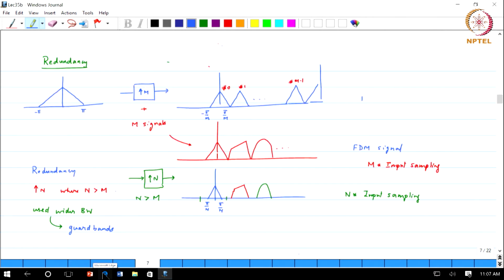Now, the notion of redundancy. We have already said that a minimal configuration would require them to be packed tightly. When you have a little bit more of a gap, you would have more spaces. Now, how do you visually or intuitively achieve that? In the minimal system, there are m signals, I upsample each of the signals by m. So, the sampling rate is maintained.